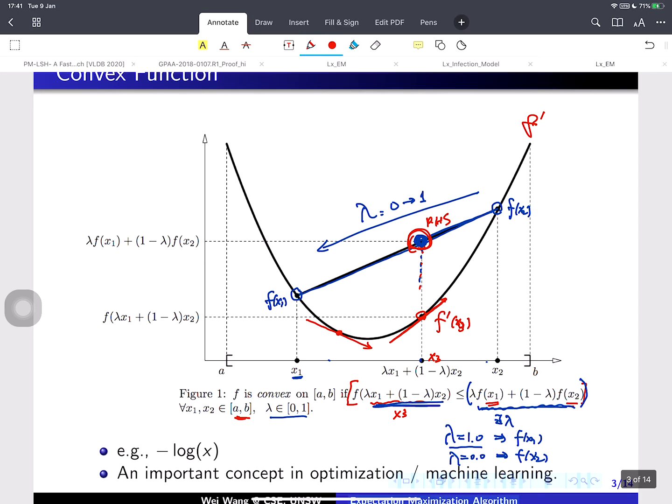Okay, so basically, you can see that the equivalent definition when f is twice differentiable is that the second derivative of the function is always greater or equal to 0. In other words, if f is the trajectory, f prime is the velocity, and f double prime is the acceleration.